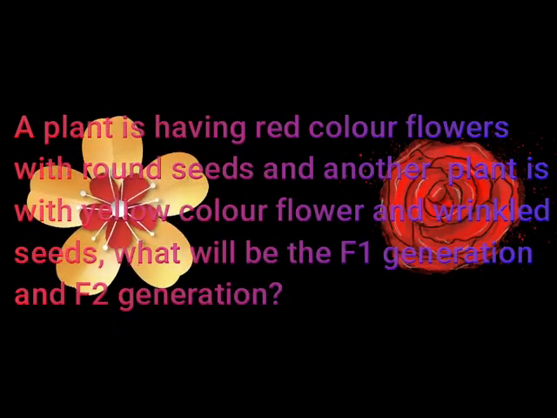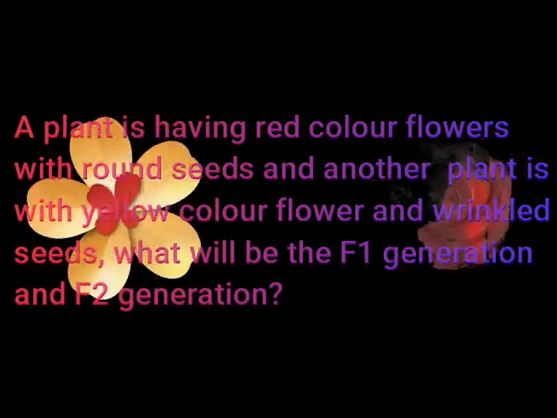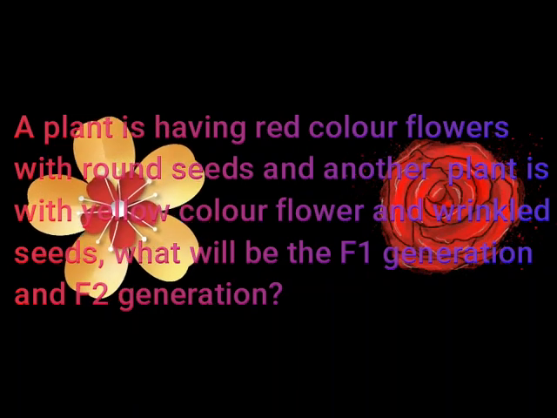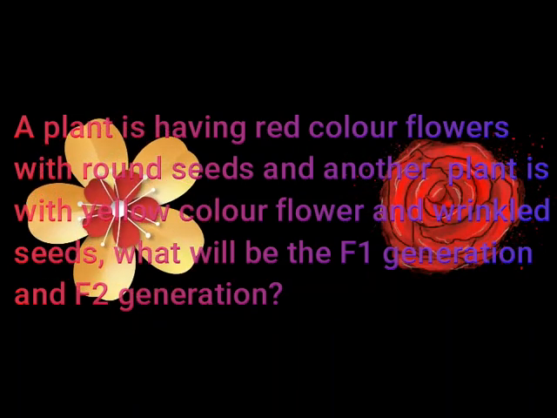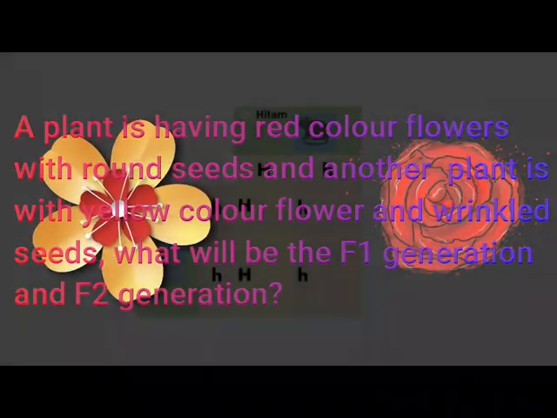What will be the production in F2 generation? So these types of questions could be asked from this chapter, children. So kindly study nicely in depth so that you can achieve more and more marks and have a good result.